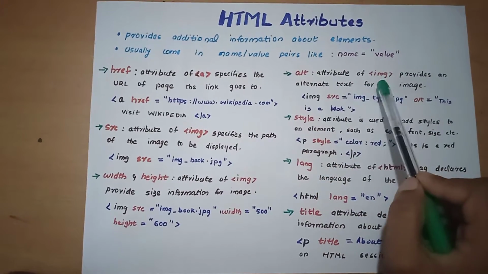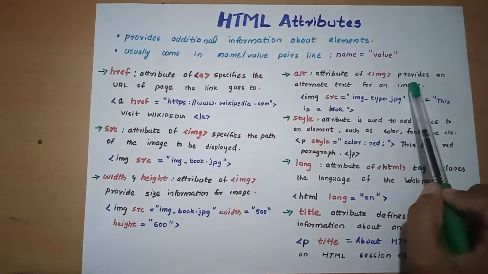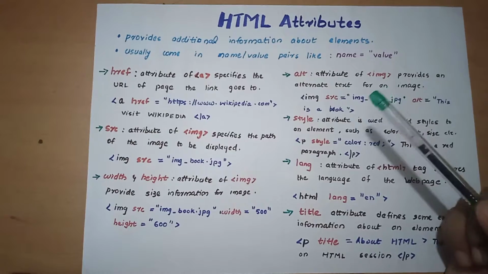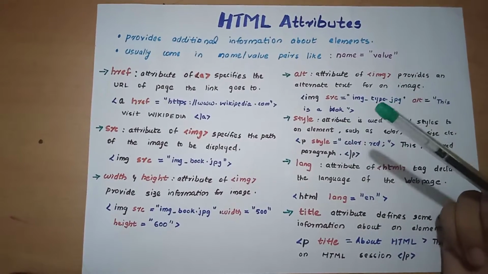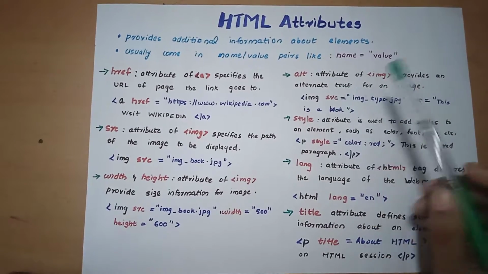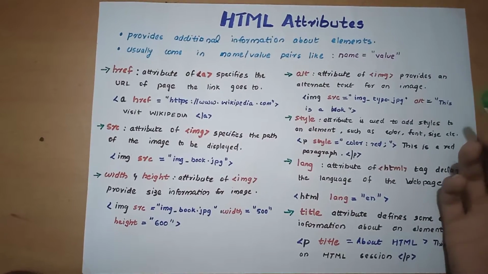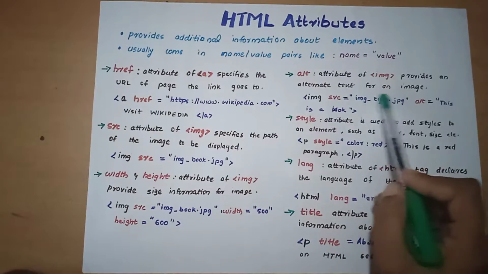Okay, so the next one is the alt attribute. It's an attribute of the image tag which provides an alternate text for an image. Sometimes, due to connection errors or a defect in the src attribute, we cannot access the image, which means our page cannot display the image that we mentioned here.